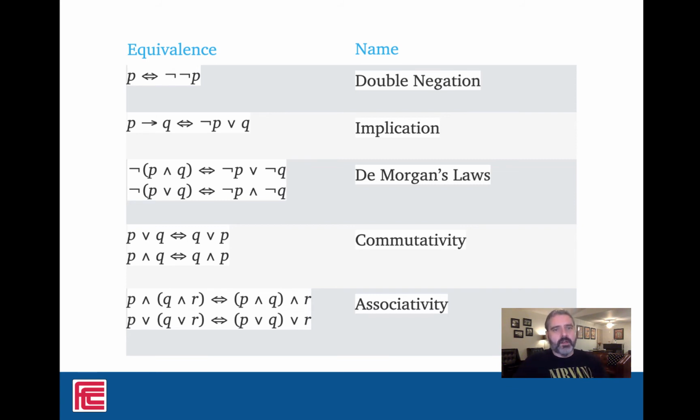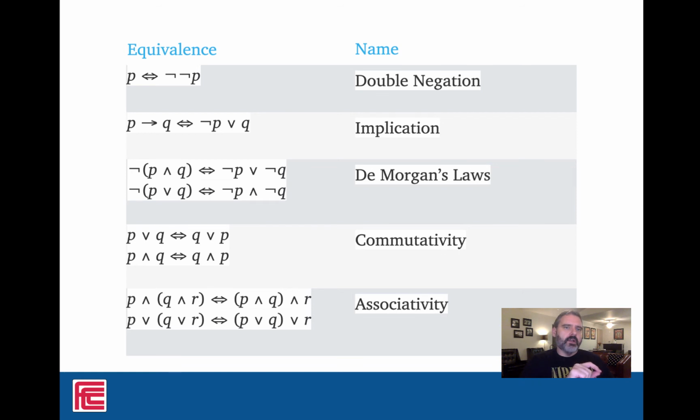Then we have De Morgan's laws. I think we talked about them last time, but it's the idea of distributing that not across an or an and. Sometimes it'll be De Morgan's first law, De Morgan's second law, there's different ways of saying it, but they both do the same thing.